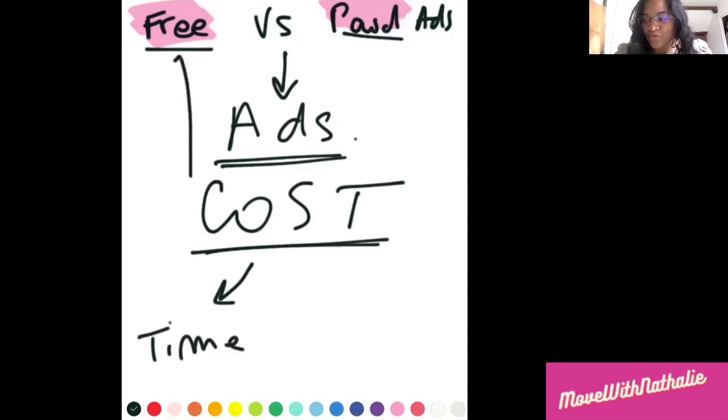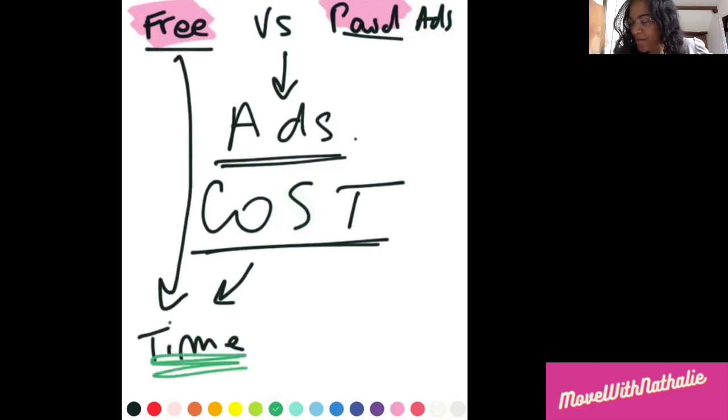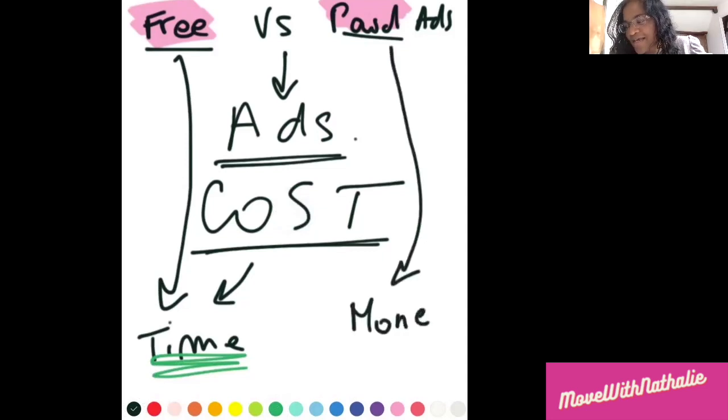So the free ad will cost you time, and you have to remember that. And with the paid ad, everybody knows that it costs you something that we all use, and this is money. So we have to remember that an ad will always cost you something.